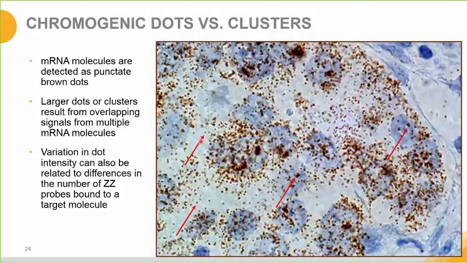So in this image, these two arrows on the left are highlighting likely individual messenger RNA molecules, whereas the two red arrows on the right are indicating clusters representing multiple messenger RNA molecules and the signals from those coming together to form a cluster.